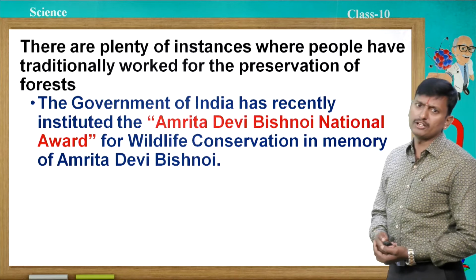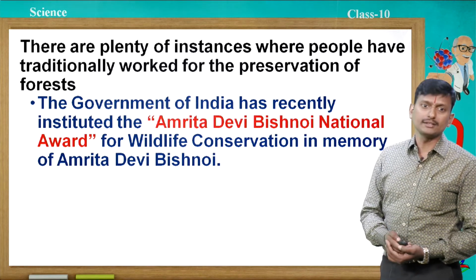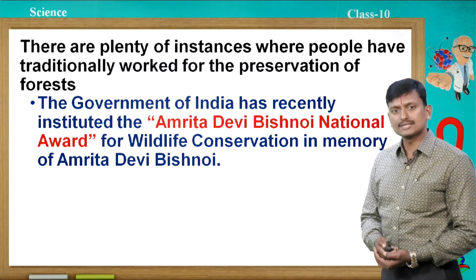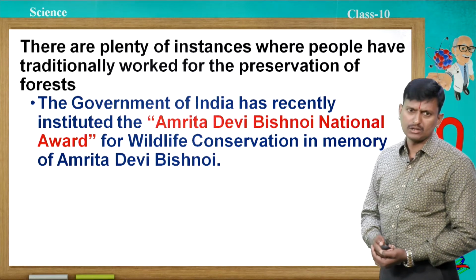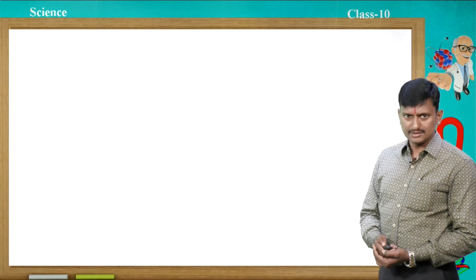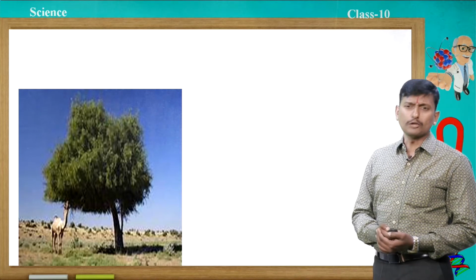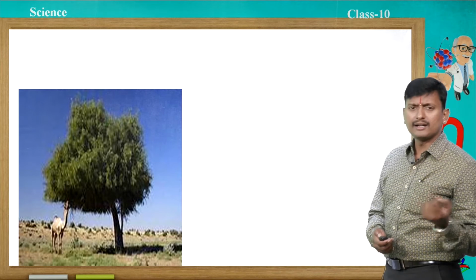The Government of India has recently instituted the Amrita Devi Bishnoi National Award for Wildlife Conservation in memory of Amrita Devi Bishnoi. Who is Amrita Devi Bishnoi? For that, see here, this is the Khejri tree. What is the relation between this Khejri tree and Amrita Devi Bishnoi?